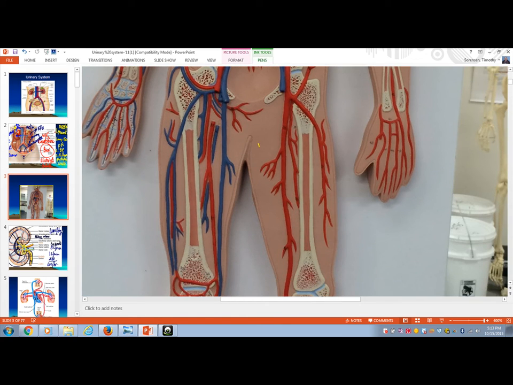You have the artery that is in back of your knee, called the popliteal artery.